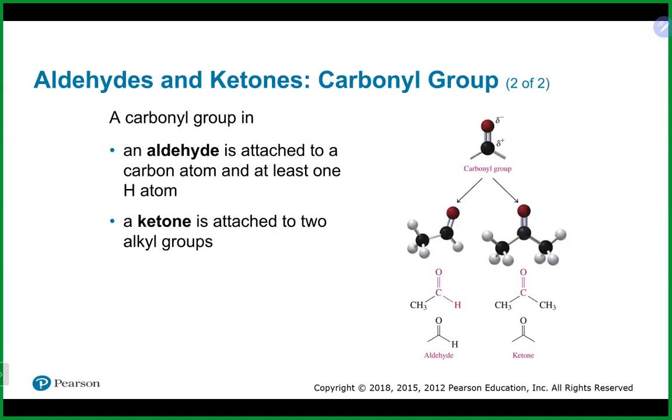A carbonyl group in the aldehyde has at least 1 hydrogen attached to it and, as I mentioned, is always going to find itself at the end. The other one will be at least second in from the end because of that. There is our line structure way of drawing an aldehyde. You just put the double bonded oxygen, and you do need to write the hydrogen.